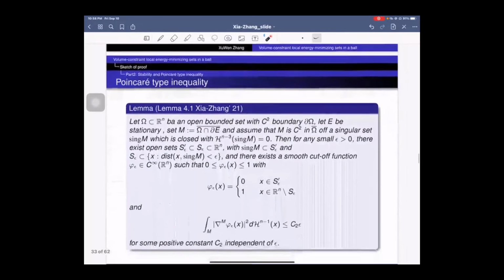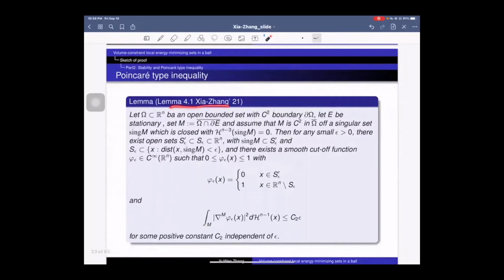And that's what we do in Lemma 4.1 in our paper.